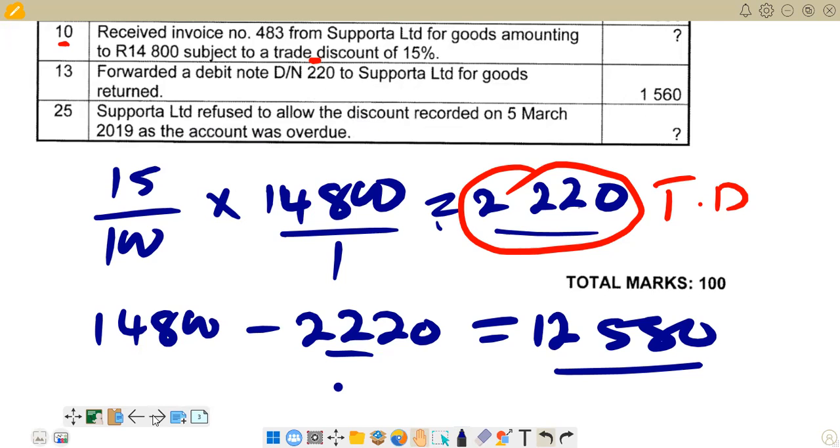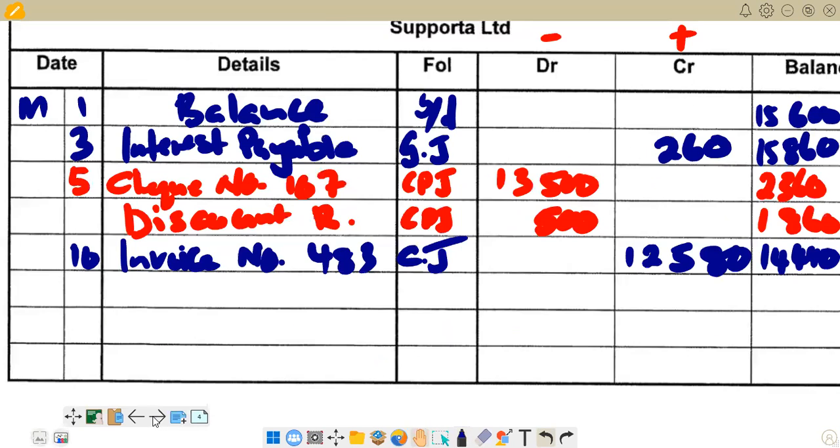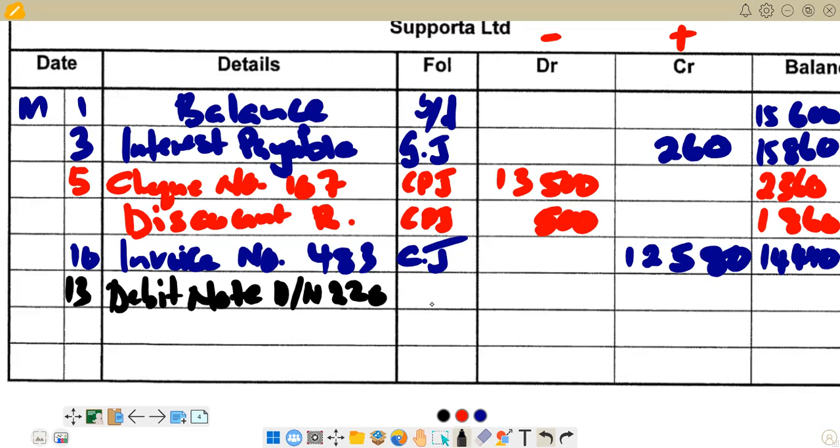We can go there and summarize that one. This is the 13th, and this is a debit note, DN 220. We're taking the information from the creditors allowance journal.